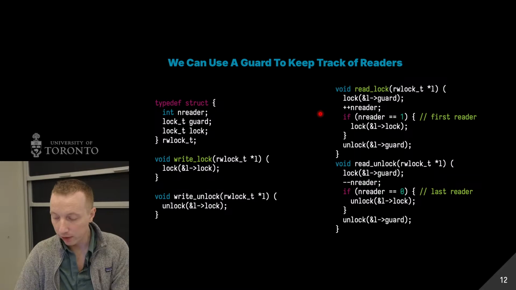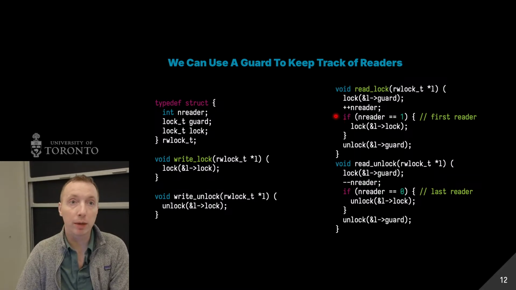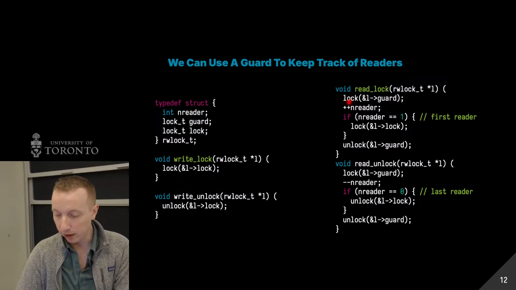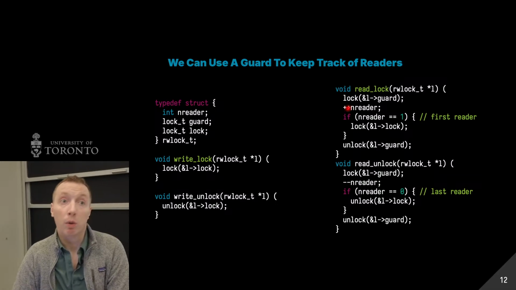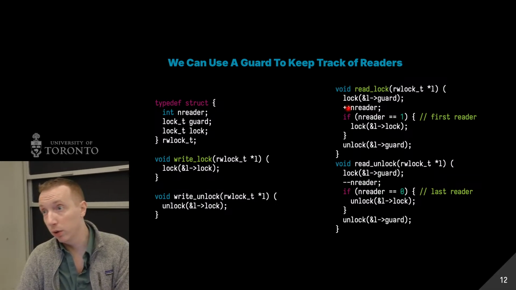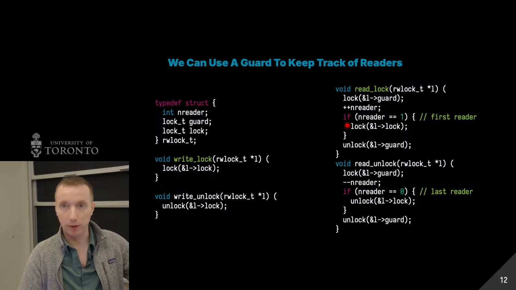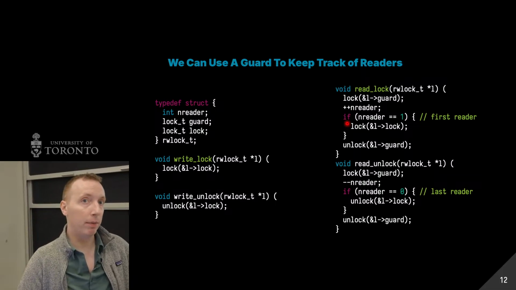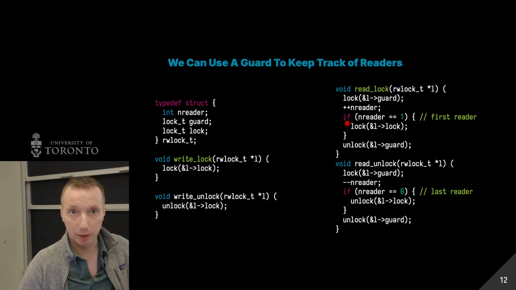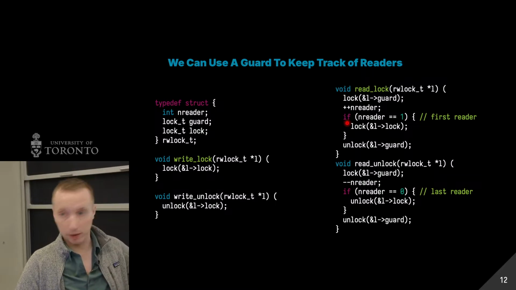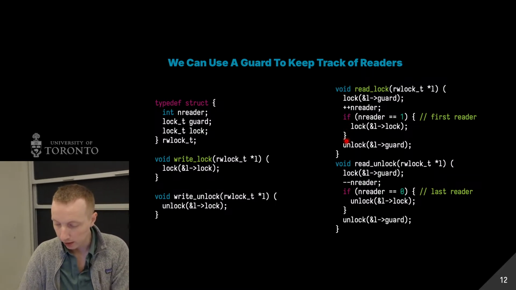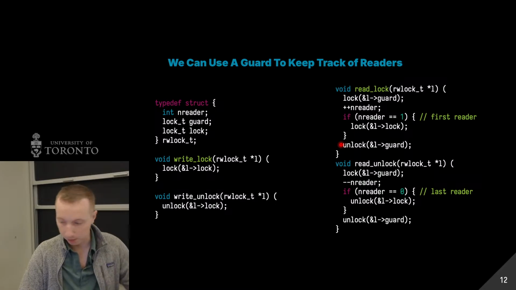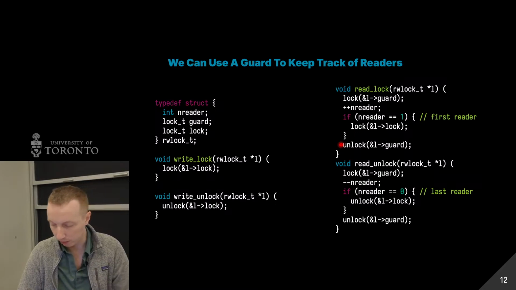And then if multiple other readers come along, so if I increment it from a 1 to a 2, then I don't do anything, right? Because the first thread already acquired that mutex, and I'm just sharing it because all we're doing is reading. And then at the end, I unlock the guard because that was just protecting the number of readers.